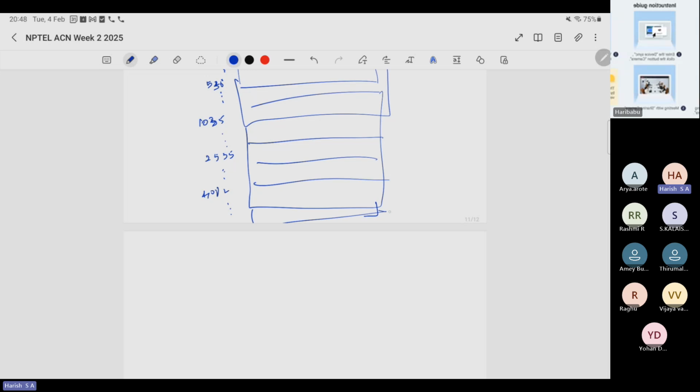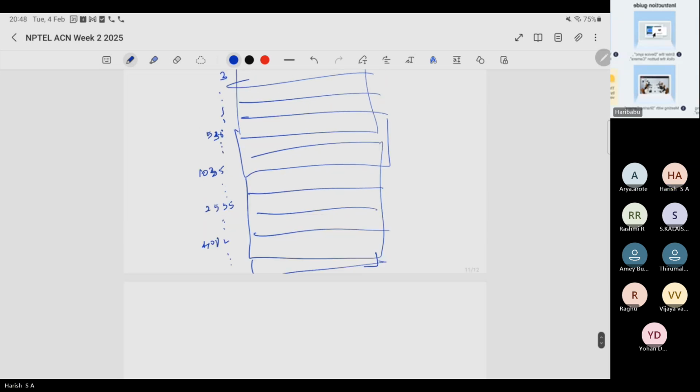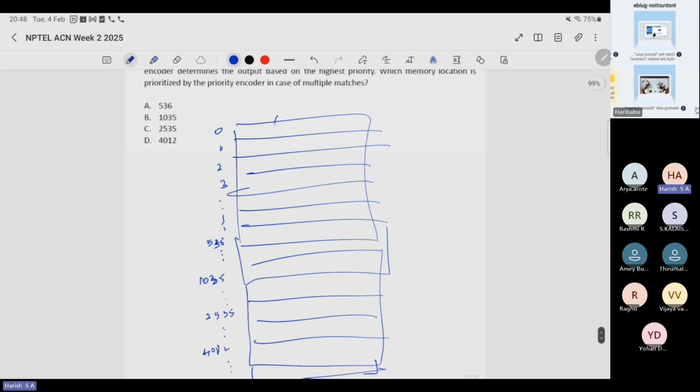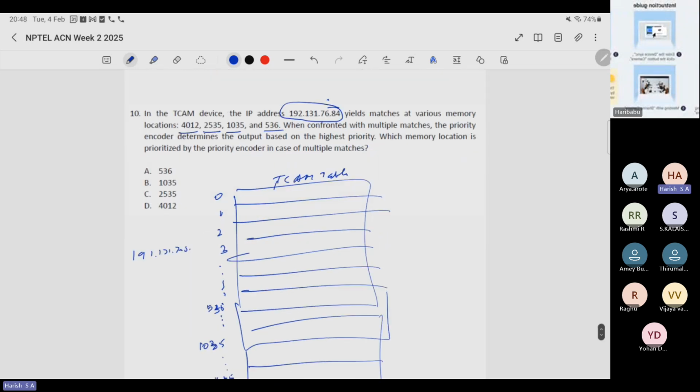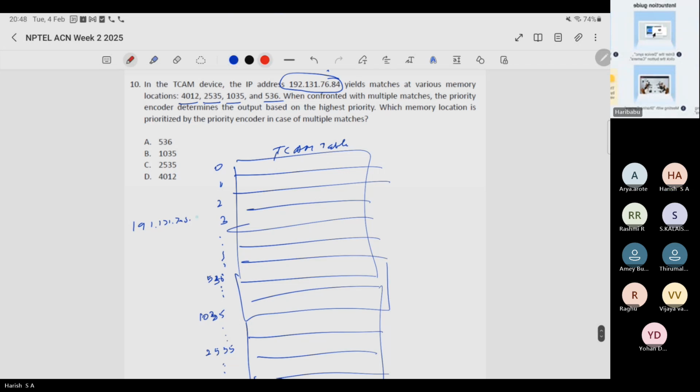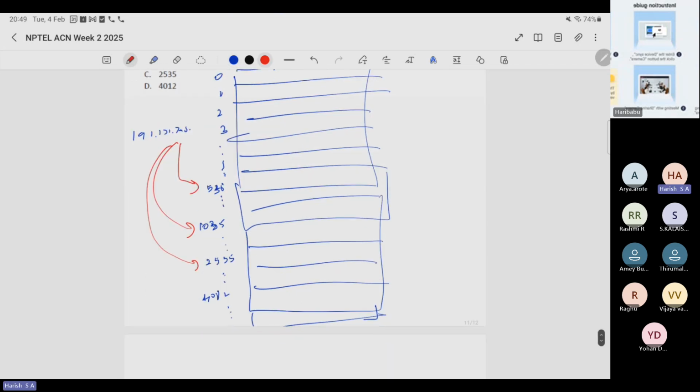It keeps on going like this. So this is basically the TCAM table. This particular value 191.131.76.84 has matched with this, this, this, and this.